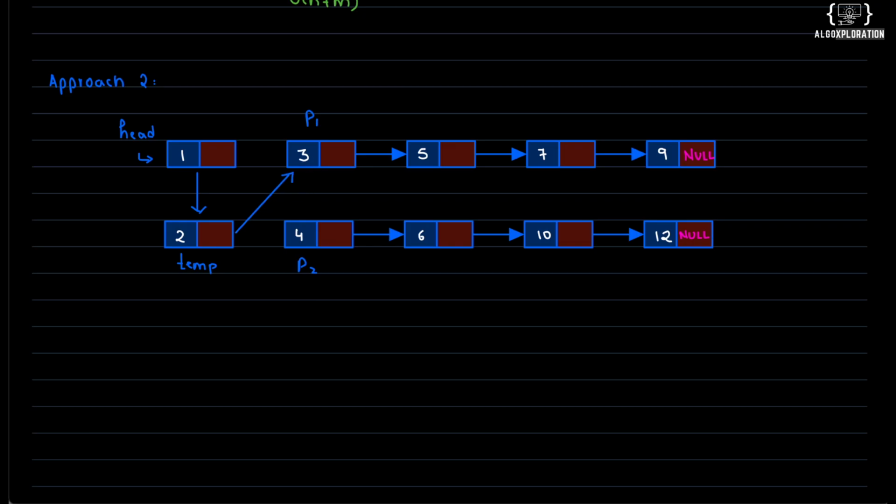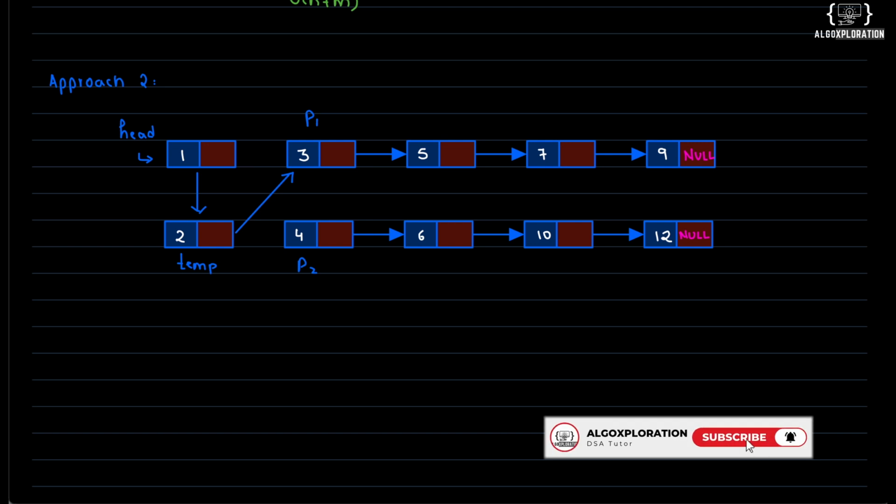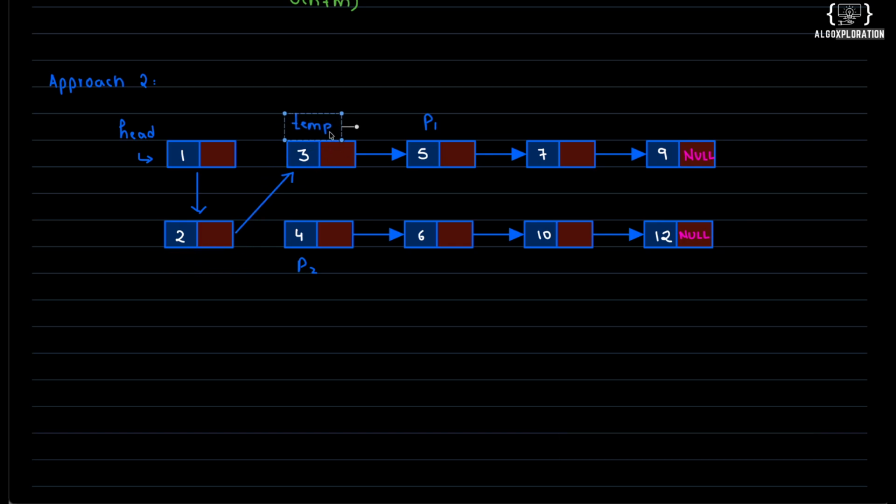After pointing, I will move p1 to the next node and temp over here. Again I compare p1 and p2. Here I see that 4 is minimum, so I will point to p2. After this, p2 moves to the next node and temp points here.